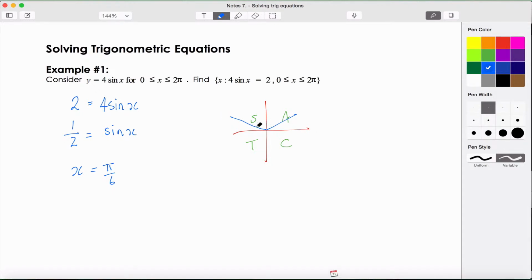So to find this angle, we need to do pi minus pi over 6, and that will give us this angle over here. So it could also equal pi minus pi over 6.